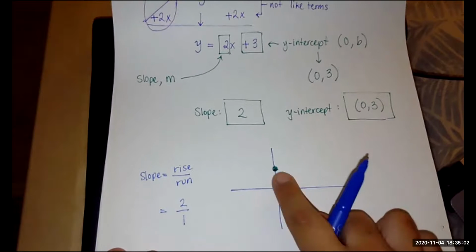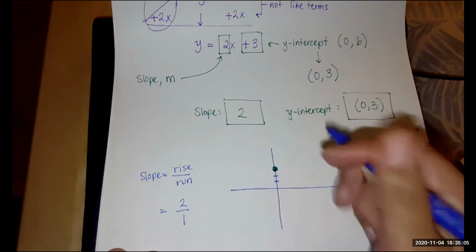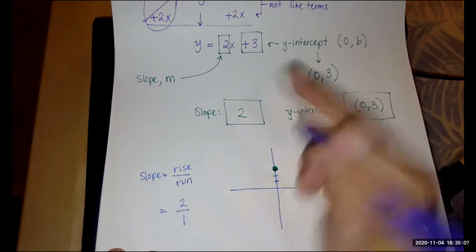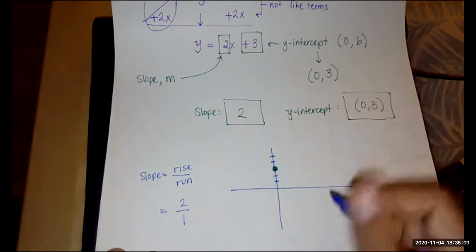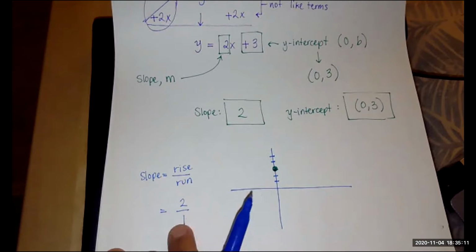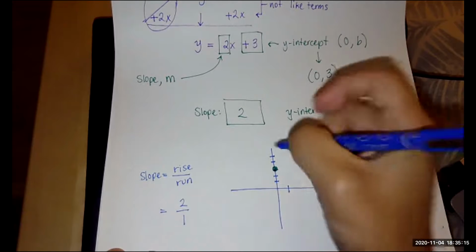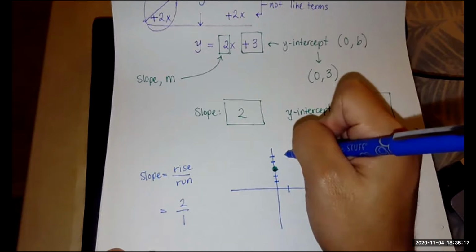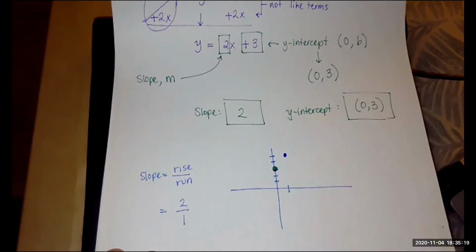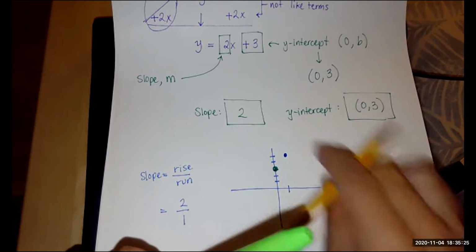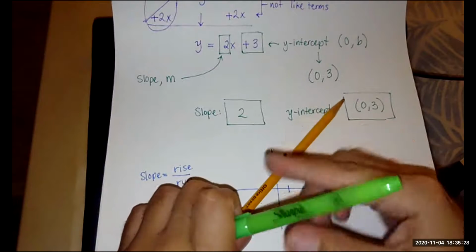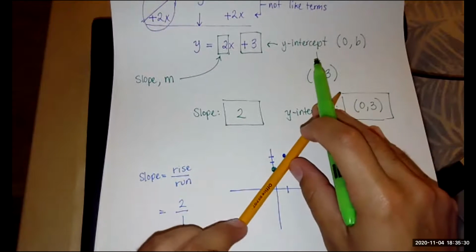So the slope is telling me that if I start at this point right here, I'm going to rise 2. So I'm going to go up 1, 2, and then I'm going to go over 1. So I'm going to walk 1 in the positive direction. So I'm going to go up 2, over 1, and then put another dot right there. Then you can grab a straight edge and draw this line.